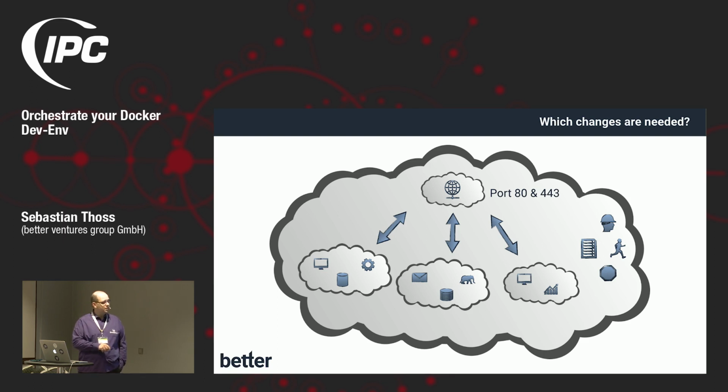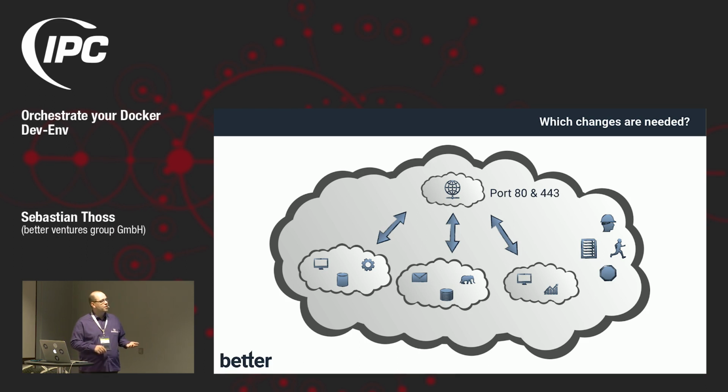Everything else should simply expose port 80, what you configure, but should not use it. What we did, for example, especially for databases in development, is that sometimes you simply want to have a look into the database. You can configure that in two ways.